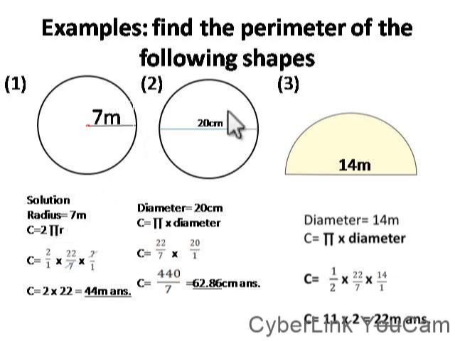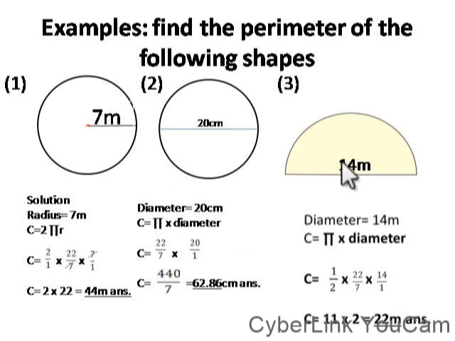But if diameter is given, like in the case of number 2 question, then the formula you have to use, if you are looking for the perimeter or the circumference of the circle, is pi times diameter. That is the formula when diameter is given.